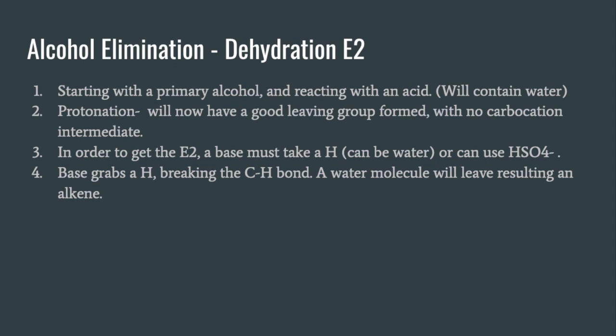It can be water, or any base you have available. The base is going to grab a hydrogen off of the molecule, breaking the carbon-hydrogen bond. Those electrons are then transferred until they reach the leaving group, and when they reach it, the leaving group leaves. Those electrons are then formed in between two of the carbons, and that forms our alkene.